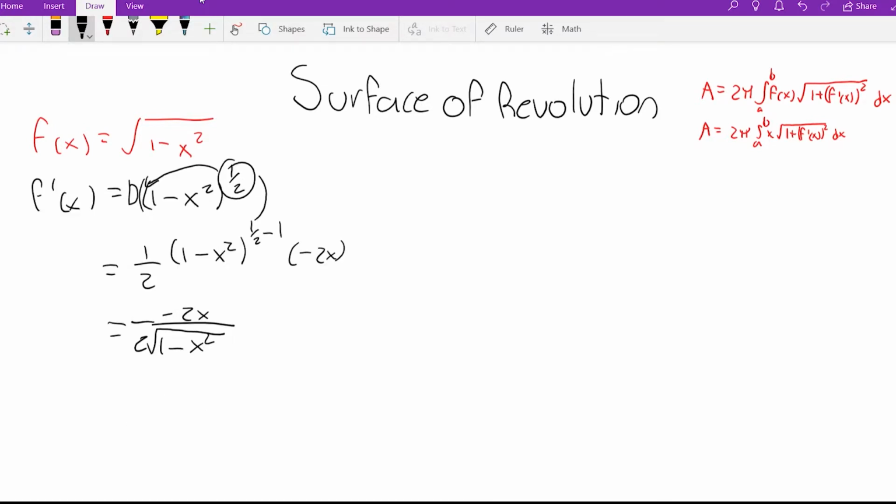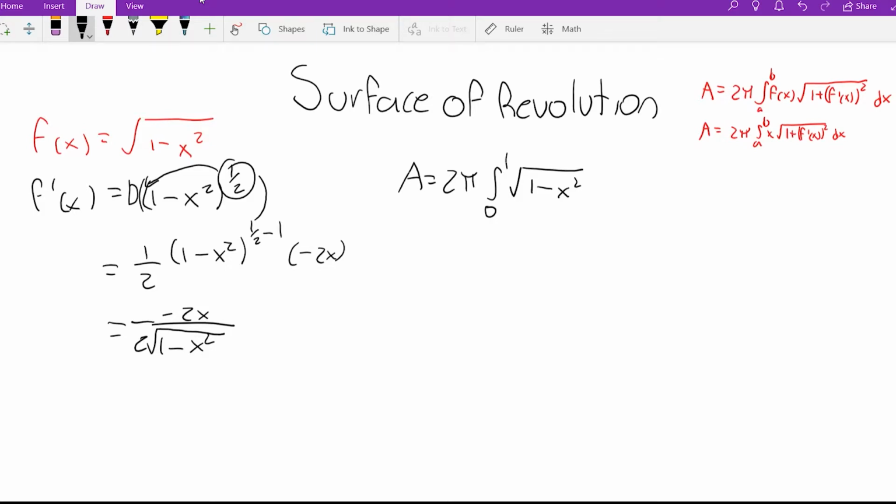Now we apply these rules, so the area is going to be 2 pi, the integration from 0 to 1, the square root of 1 minus x squared.